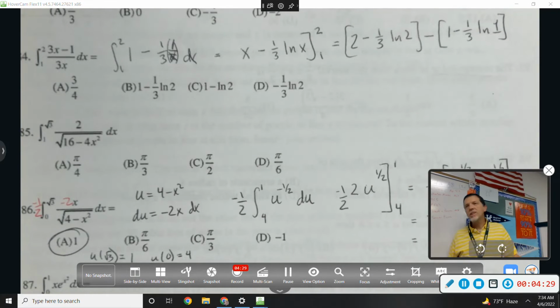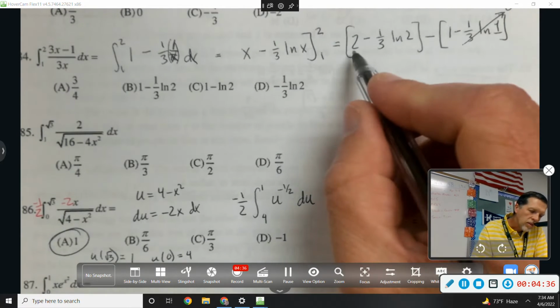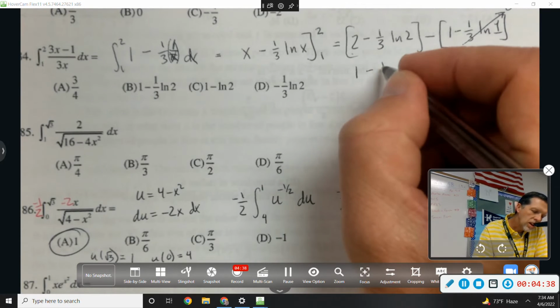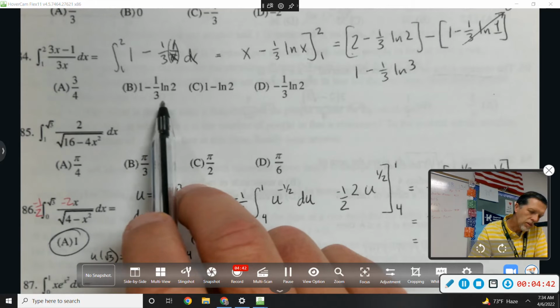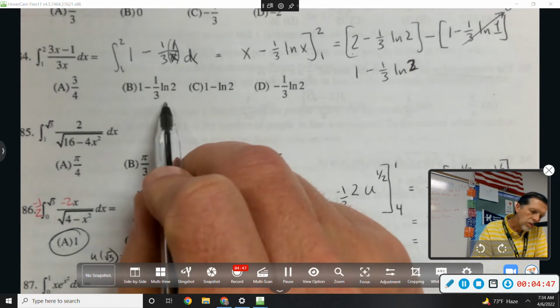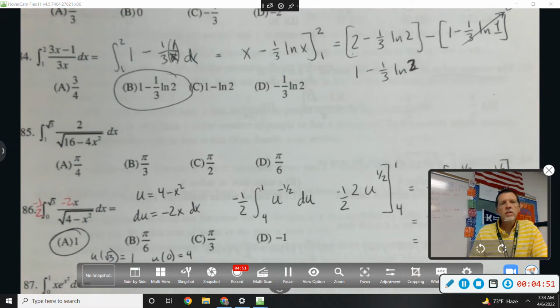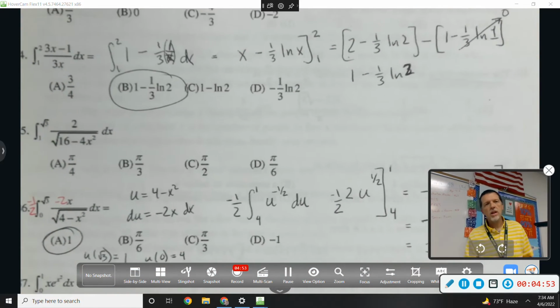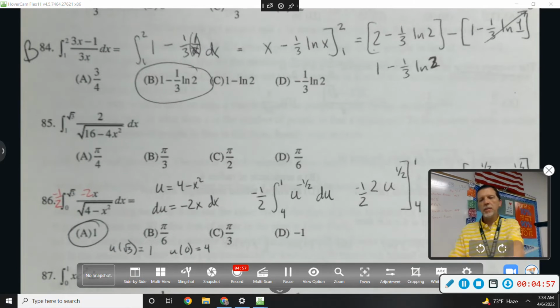What's the natural log of 1? 0. So that part at least goes away. 2 minus 1 is 1. So I hope I've got 1 minus 1/3 natural log of 2. So that one had an algebra step at the beginning.